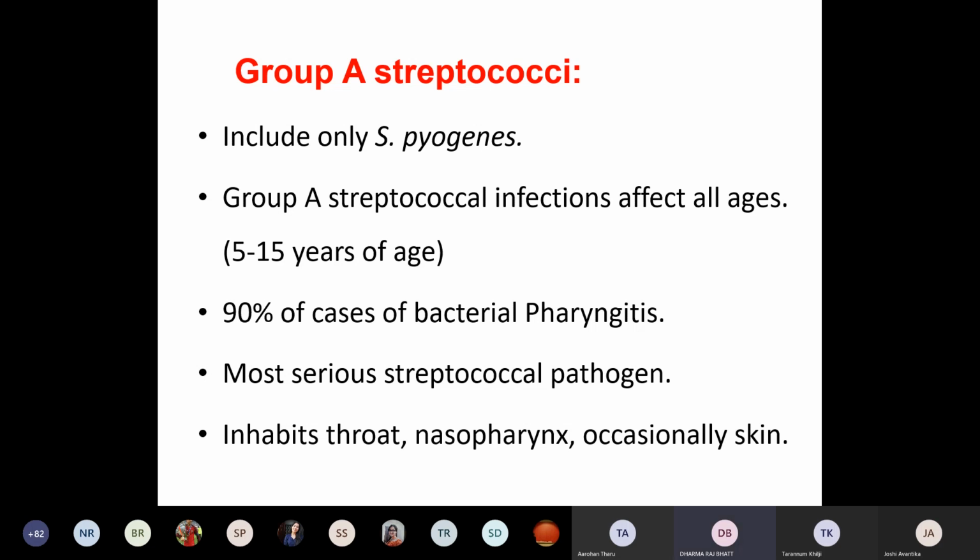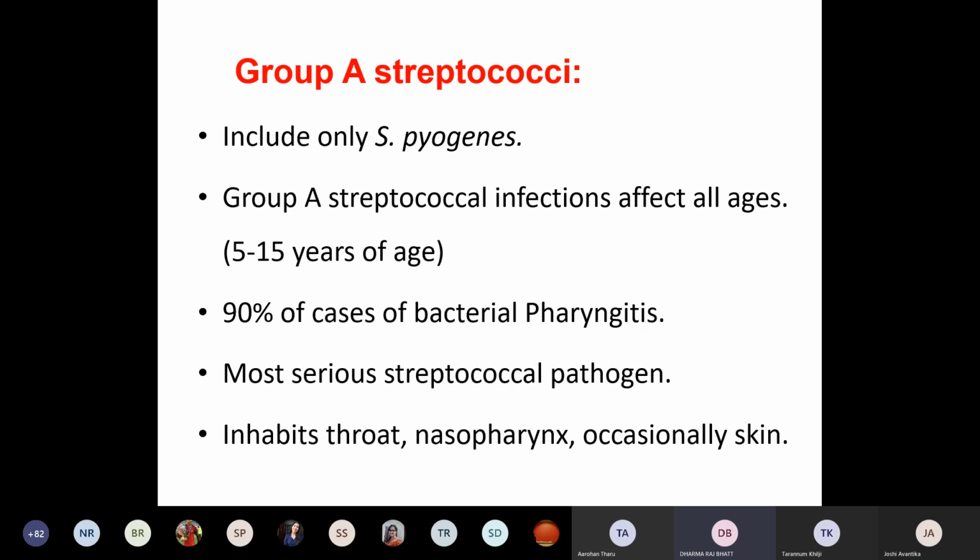Now, group A streptococcal infections are likely to affect all age groups. But if we look at respiratory infections, they are primarily associated with respiratory problems among children of 5 to 15 years of age, while group A streptococci can cause infections in different age groups of the population.